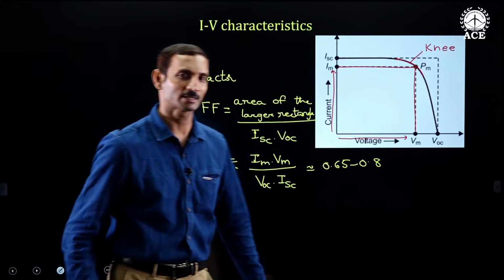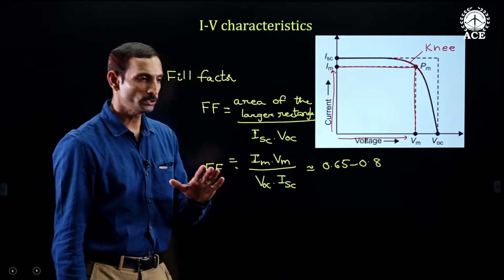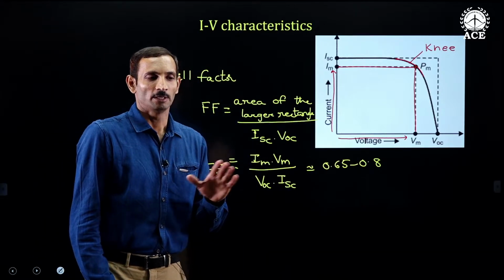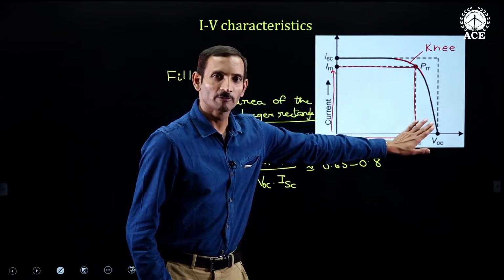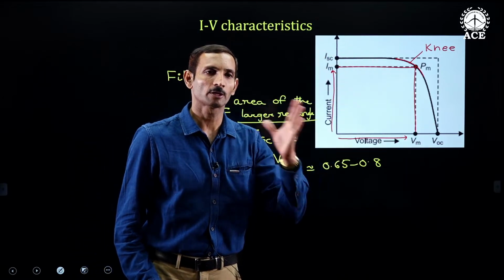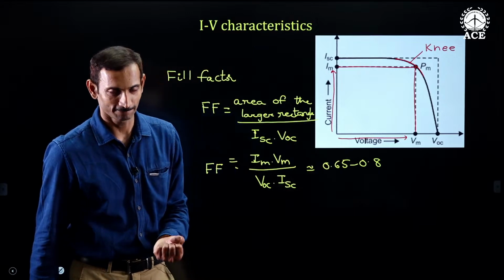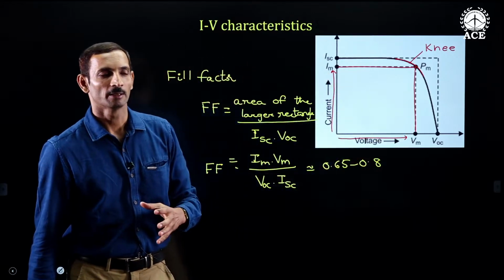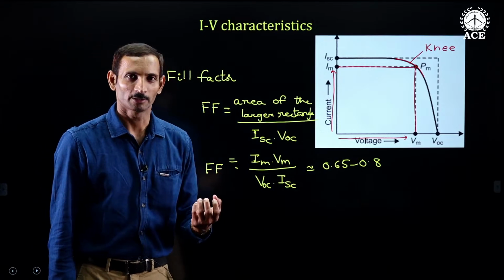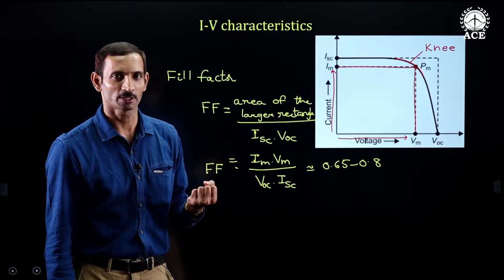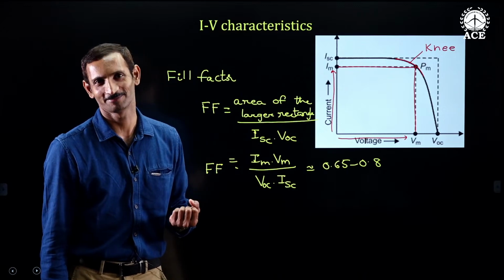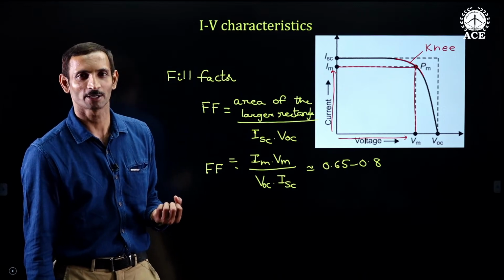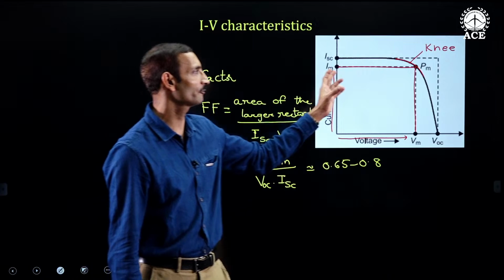What does this largest rectangle give us? It tells us that this entire area gives the maximum amount of power available with the solar cell, and this particular rectangle gives the maximum power that we can derive from the solar cell.